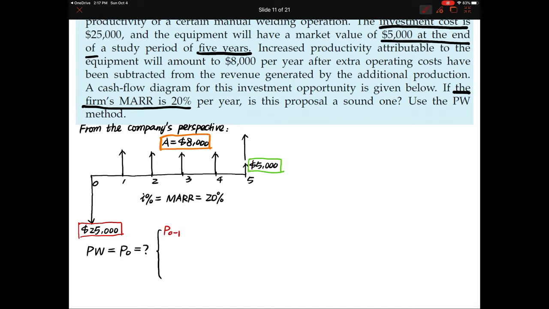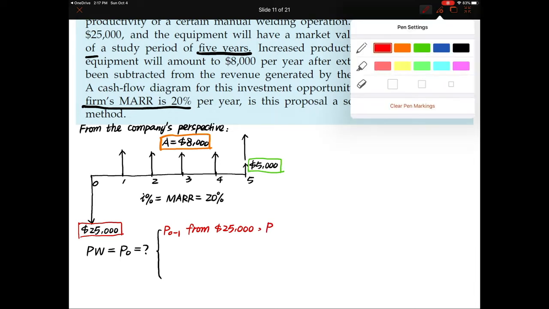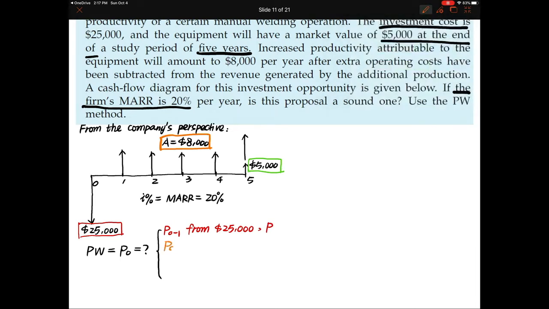P01, that's the first part, is from the 25,000. You know it is a present time value, so it's P. The second part is from the annuity, which is 8,000 every year.